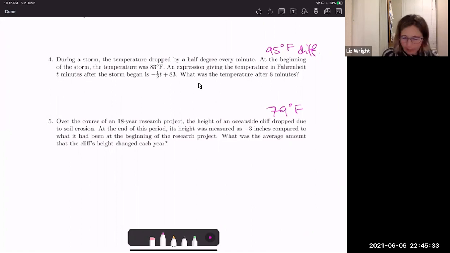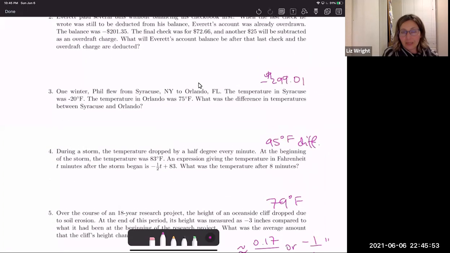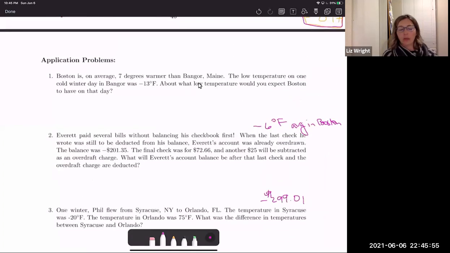One way, you're coming up with 0.17 per 1, or you're thinking about the slope, that it's negative 1/6 inches per year. So either way. All right, now you've got the answers. Pause the video, see how you do. And then I'm going to walk through them as well in case you miss any of them.